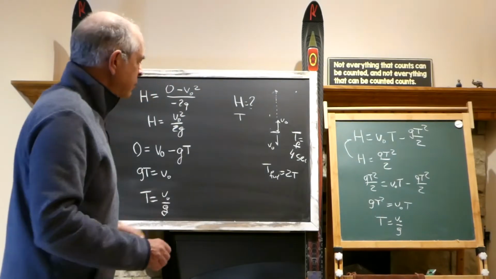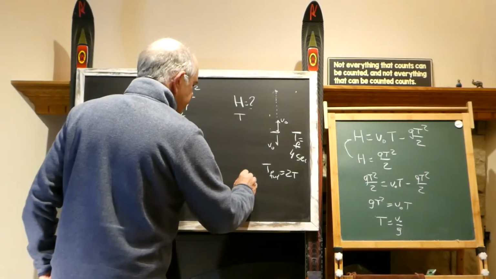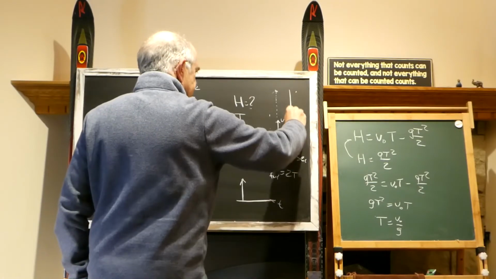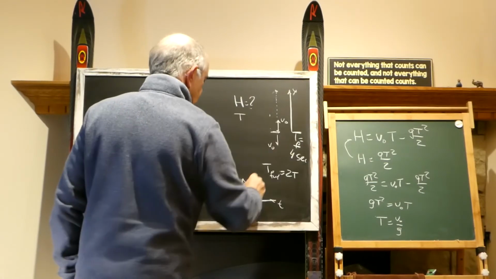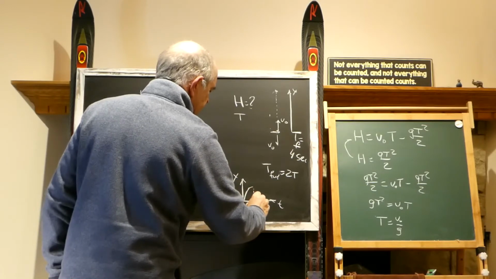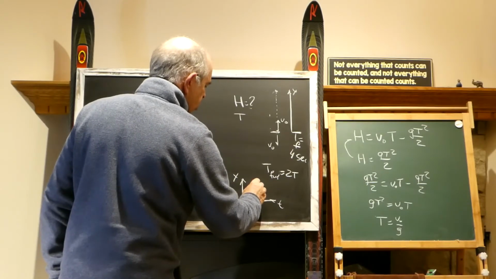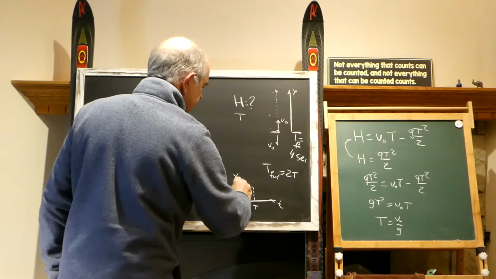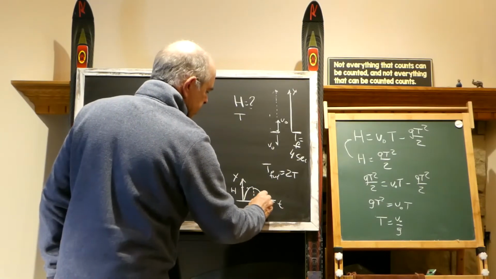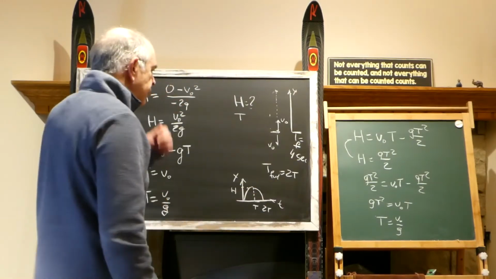And if we draw a graph, and we say that this is x, and this is time, it would be like this. Time until we reach the top, and at the top this would be h, and then another t until we come back.